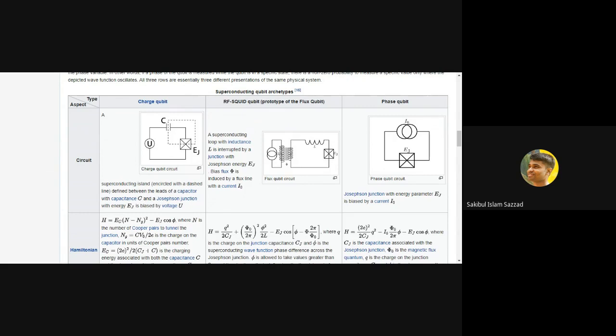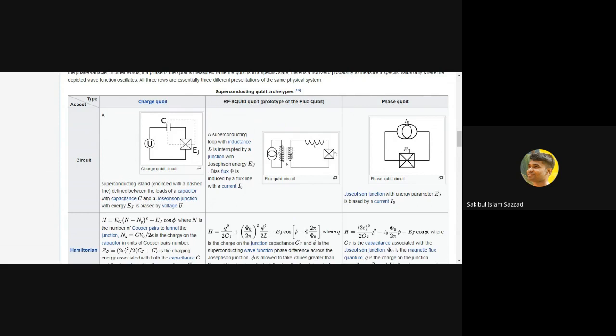Let me explain what a Josephson junction is. Typically, if there are two superconducting materials, there is an effect called the quantum tunneling effect.